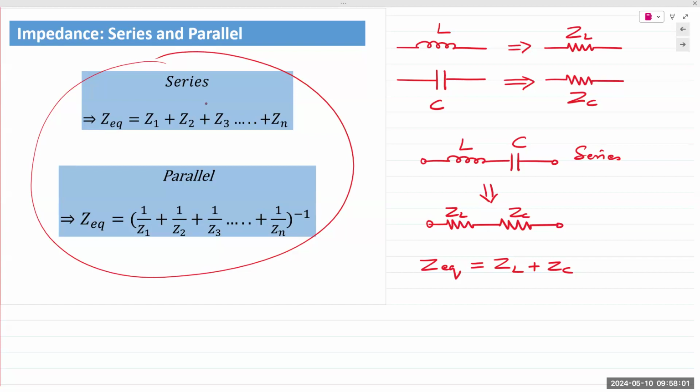As the frequency decreases, inductor impedance decreases. If F is equal to 0, impedance is 0. Frequency is 0 for a DC. For a DC, the inductor behaves like a short circuit.